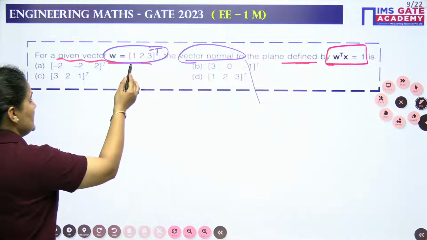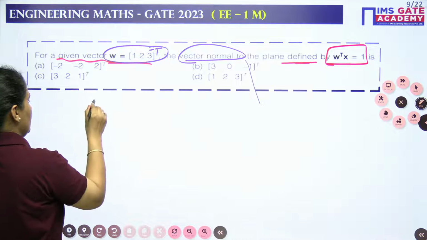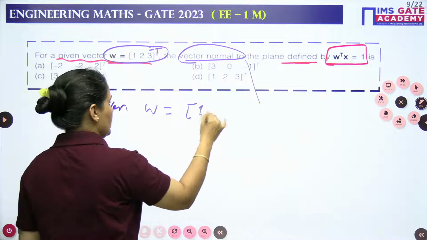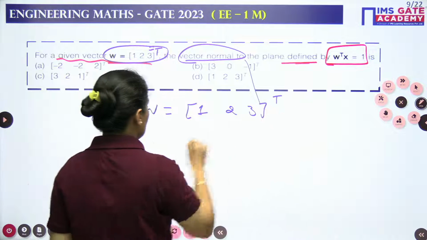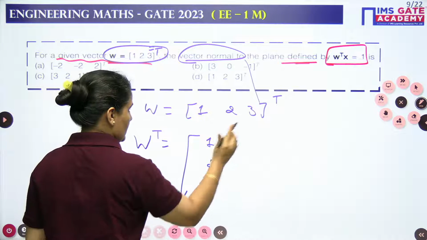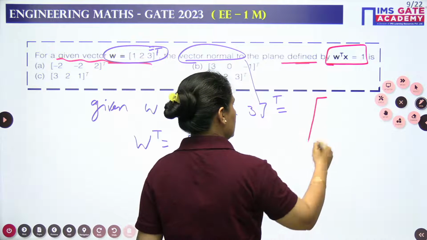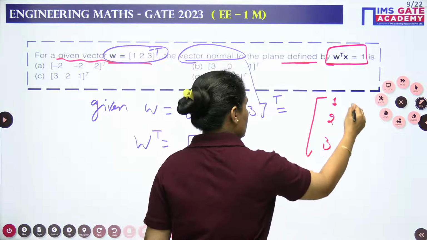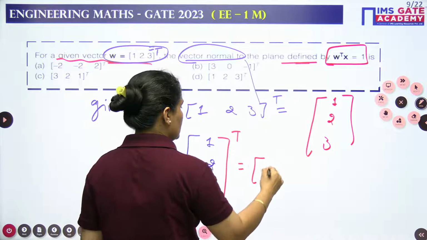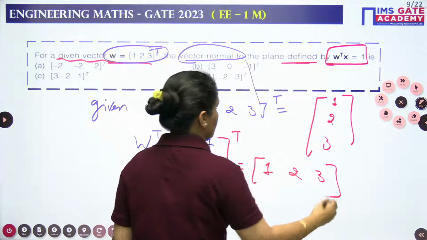For this question, we can write here that the w value given to us is 1, 2, 3 transpose. So my w transpose will be 1, 2, 3.